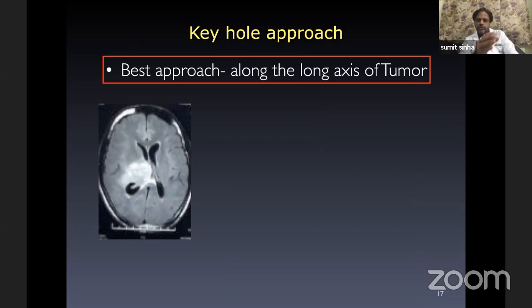You have to remove this tumor through a small 2 centimeter opening. The best approach is to draw a long axis along the greatest diameter of the tumor. Where this long axis touches the surface of the skull is the site of making a keyhole. This is how you can plan your keyhole to access any lesion.